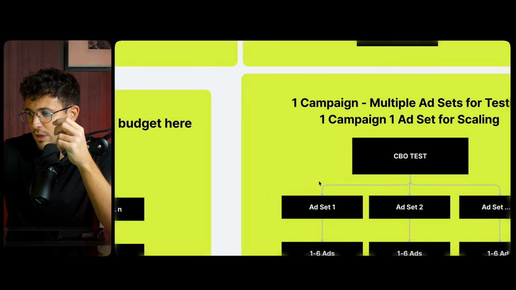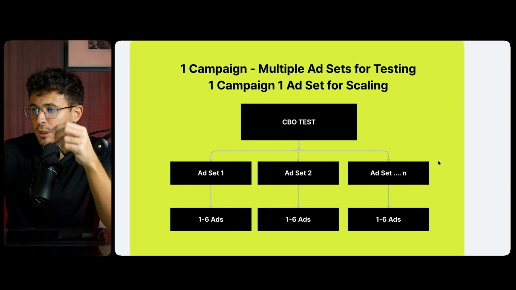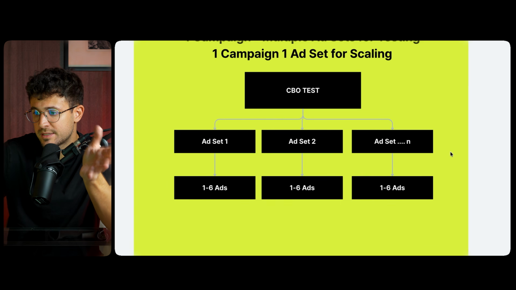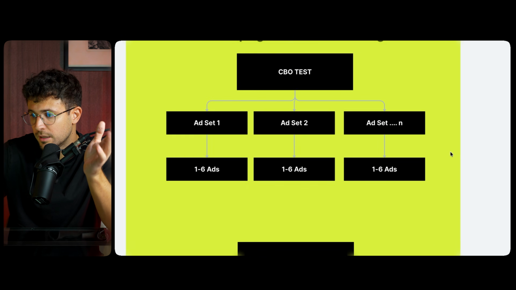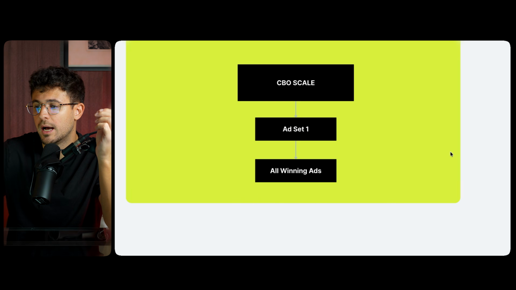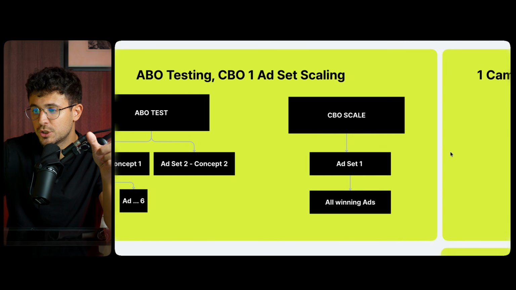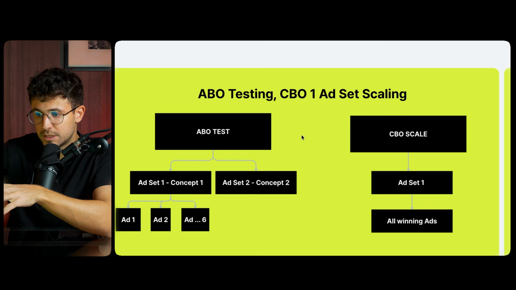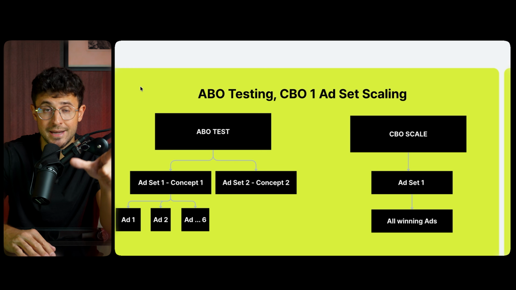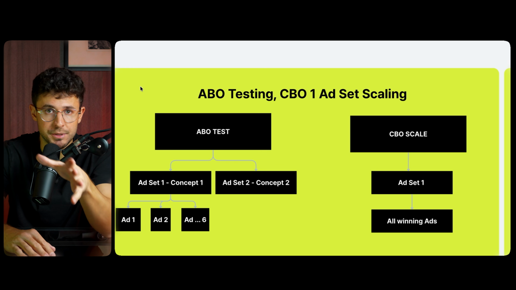And then we have this other setup here, which is one campaign, multiple ad sets for testing, and one campaign, one ad set for scaling, which is basically the same setup as this one. The only difference is that you have another campaign on top with a single ad set, all the winning ads with post ID. An additional thing to mention is that this campaign specifically can be managed in highest volume or in cost cap or bid cap, as I mentioned before.